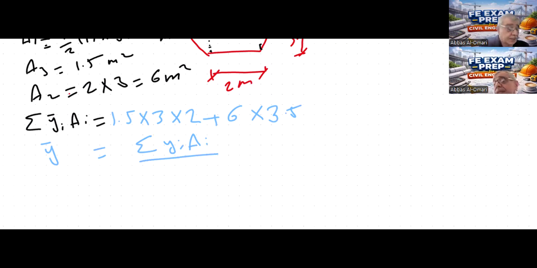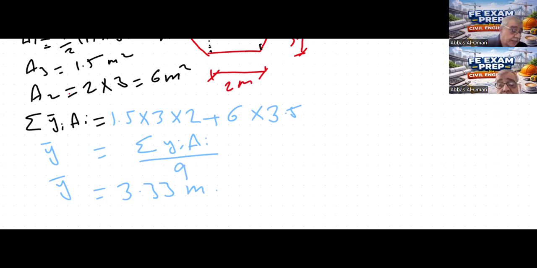Okay, the summation of the areas is 9. So if we do the calculation, Y bar equals 3.33. So Y bar for the trapezoidal shape is 3.33.